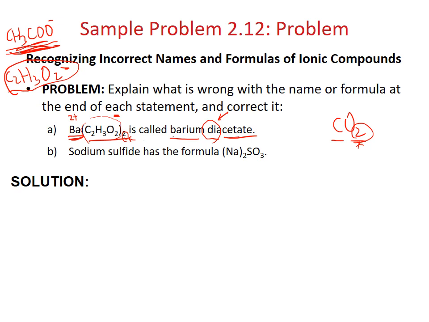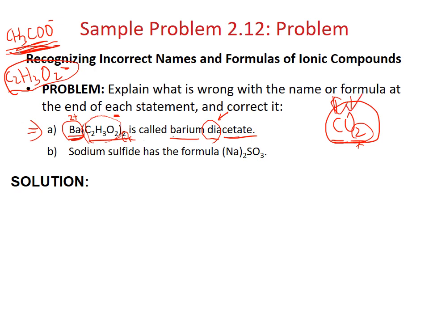But how do you know which one is covalent, which one is ionic? In question A, we have barium, which is a group 2 metal, and acetate is a polyatomic ion, which is a non-metal. Metal loses electron, non-metal gains electron, and that is an ionic compound. In CO2, both carbon and oxygen are non-metal.